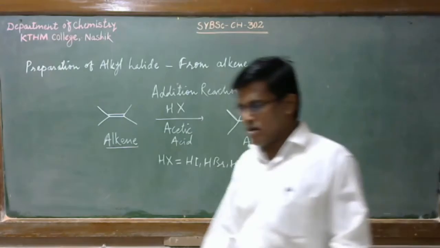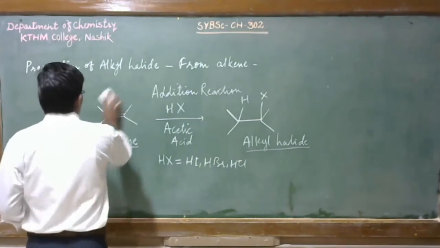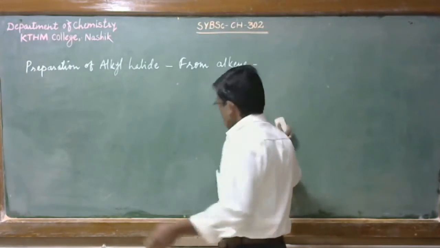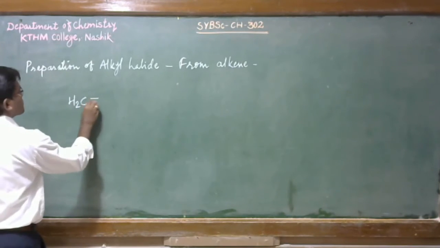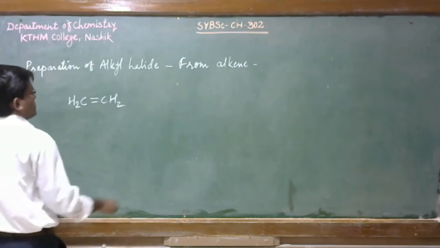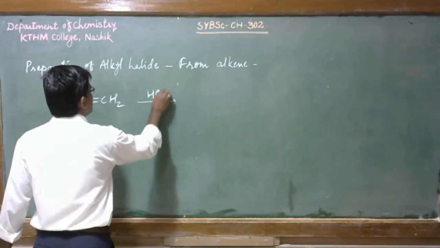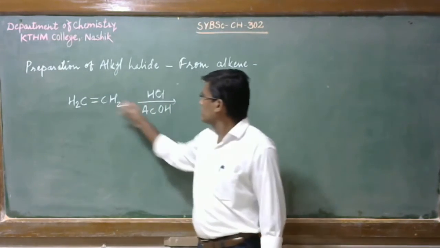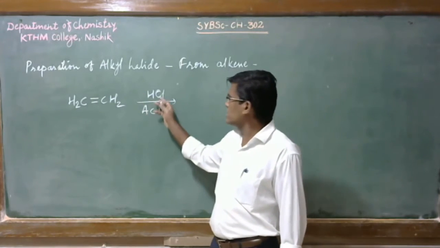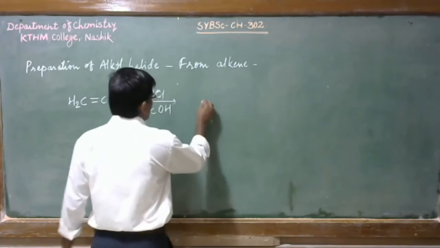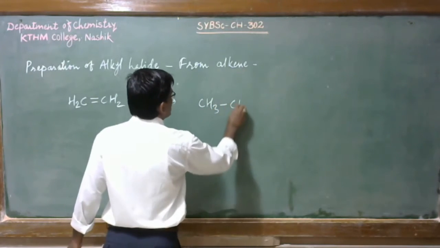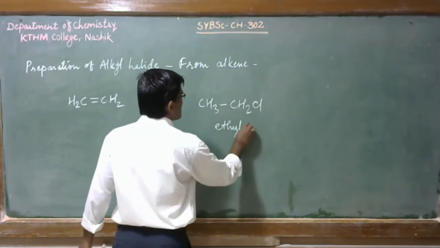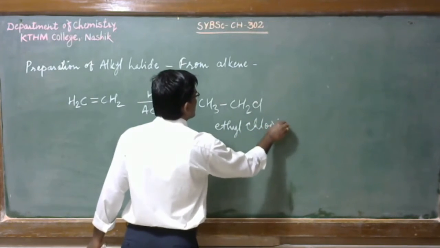When you have a symmetric alkene, for example ethene, and you add HCl in acetic acid, as I said, hydrogen will add to one of the carbons and the chloride ion will add to the other carbon. So we get ethyl chloride.